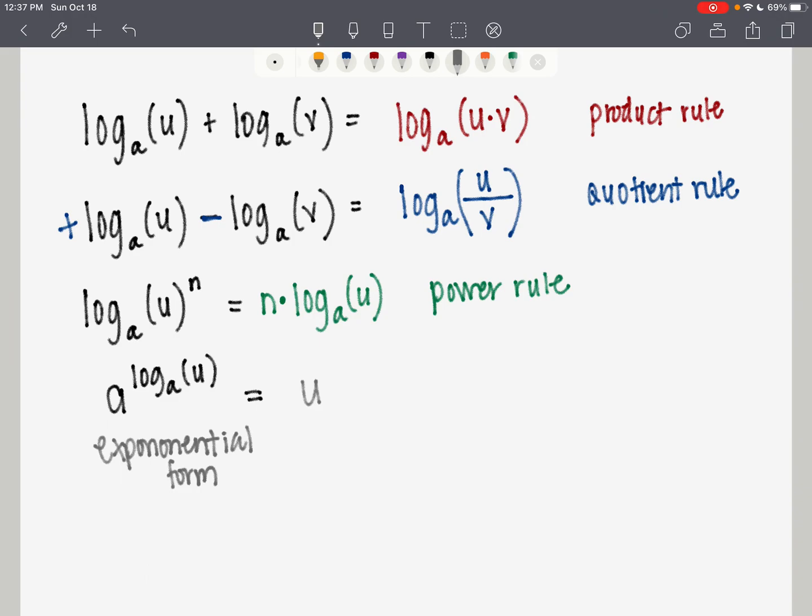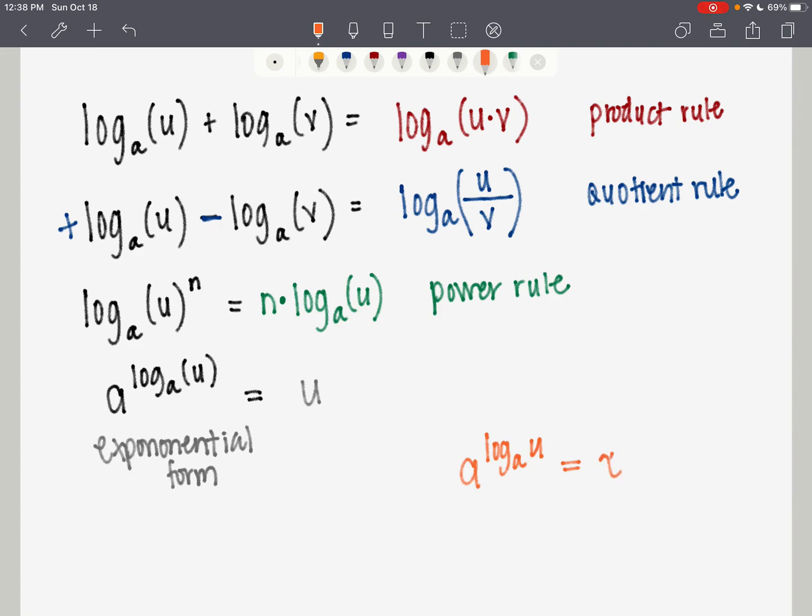Now, sometimes students will cross off, like things cancel out. Nothing cancels out. Let me explain how this works. I have a base. I'm raising it to an exponent, log base a, so that base a is raised to a logarithm with the same base of u.